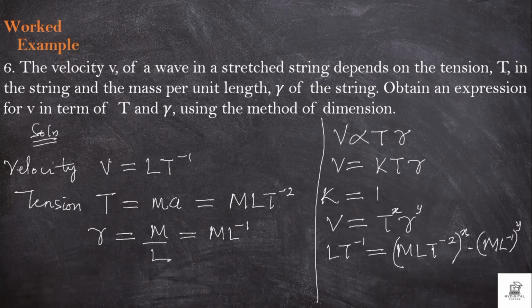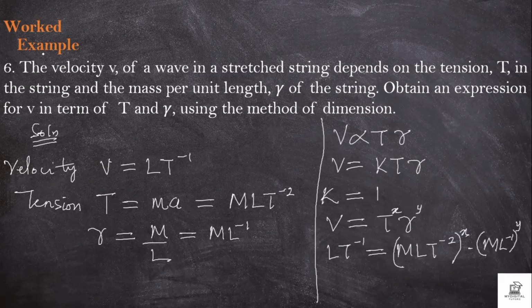Is this clear? Now, the next thing we are going to do is to open this. Remember the power law of indices. So we are going to open this. The power is going to be distributed over the whole parameters here. The same goes to this one. So the velocity we have, let us rewrite it here.